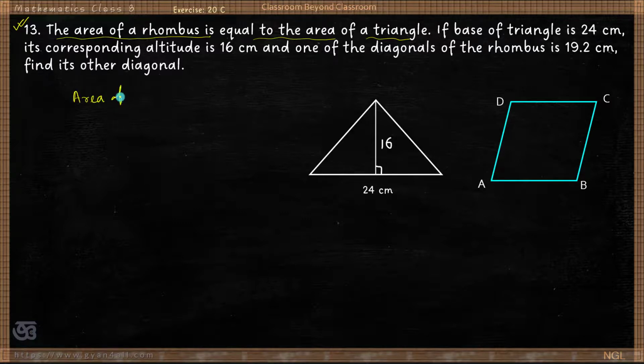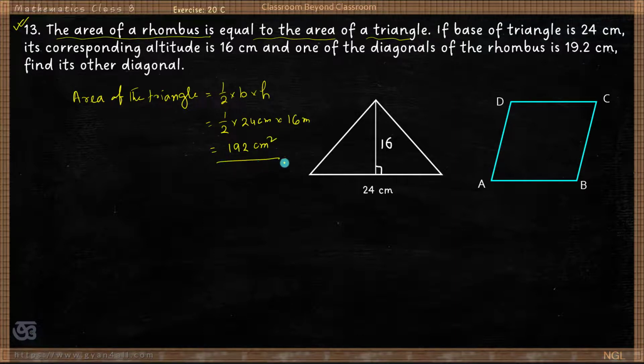Area of the triangle is equal to half into base into altitude, and that is equal to half into 24 centimeter into 16 centimeter. So this is equal to 192 centimeter square, the area of the triangle, and the area of the rhombus is also 192 centimeter square because the areas of the triangle and the rhombus are the same.